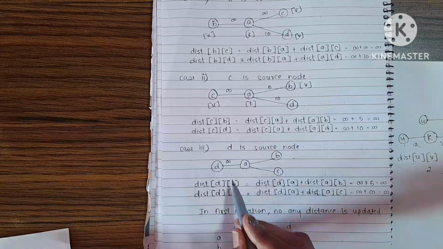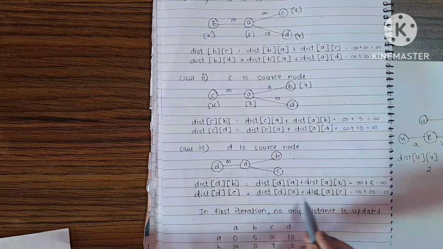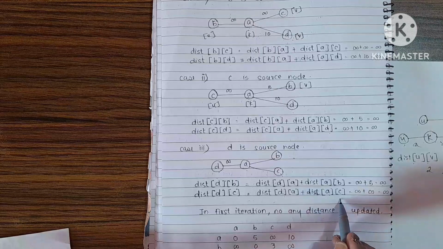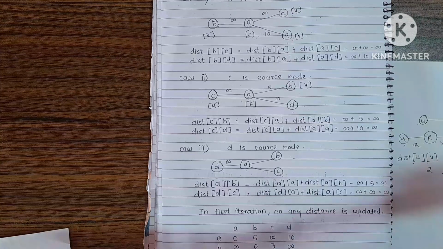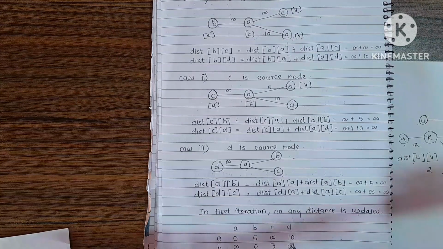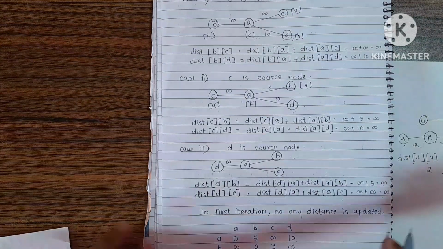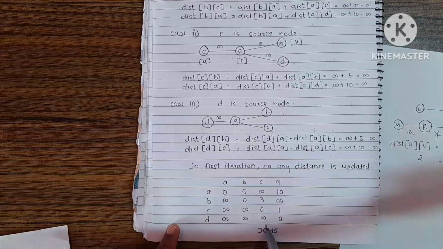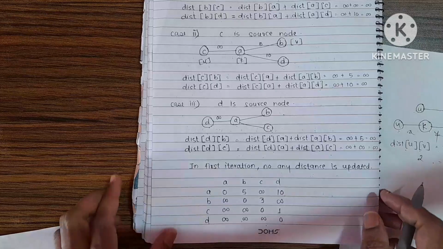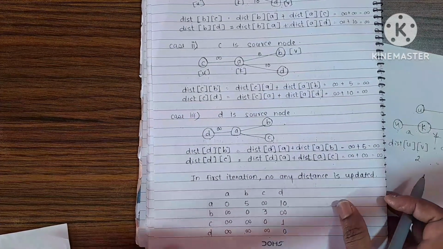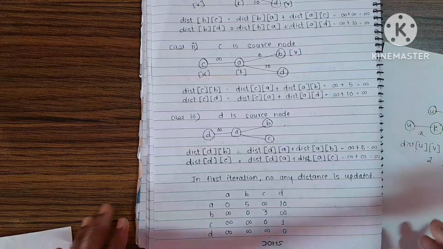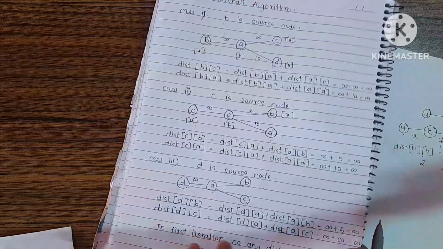Distance DC is equal to distance DA plus AC, which is also infinity. So what we have found with the first iteration is that there is no updation in the distances. It is the same as the original adjacency matrix, as mentioned here. This is the output of the first iteration.